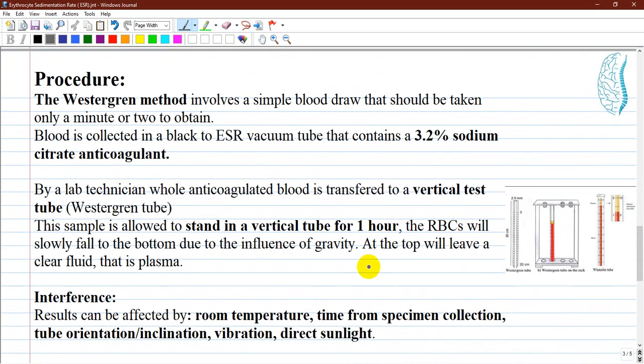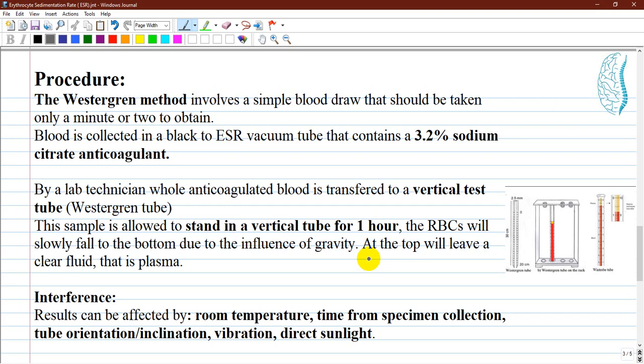How is the procedure done? The Westergren method involves a simple blood draw that should take only a few minutes, especially 1 or 2 minutes to obtain it. A phlebotomist or any type of health care professional will obtain the blood sample and transmit it to the laboratory.